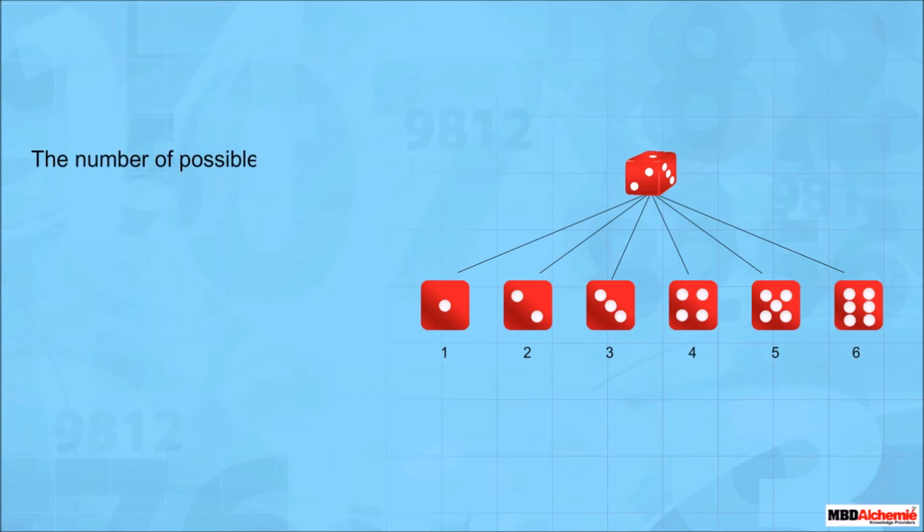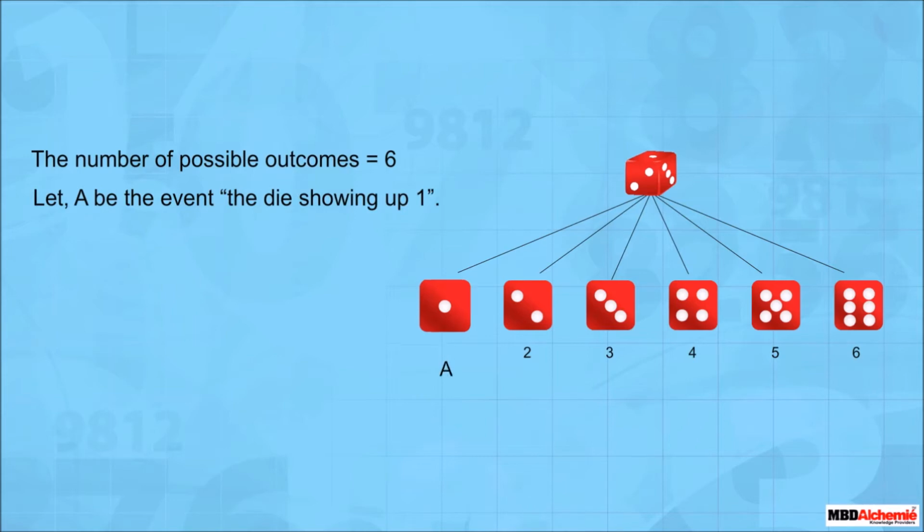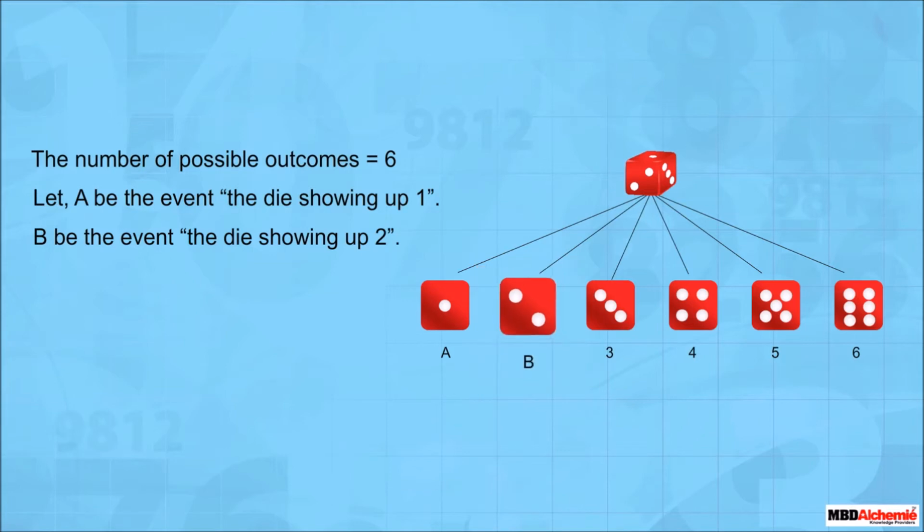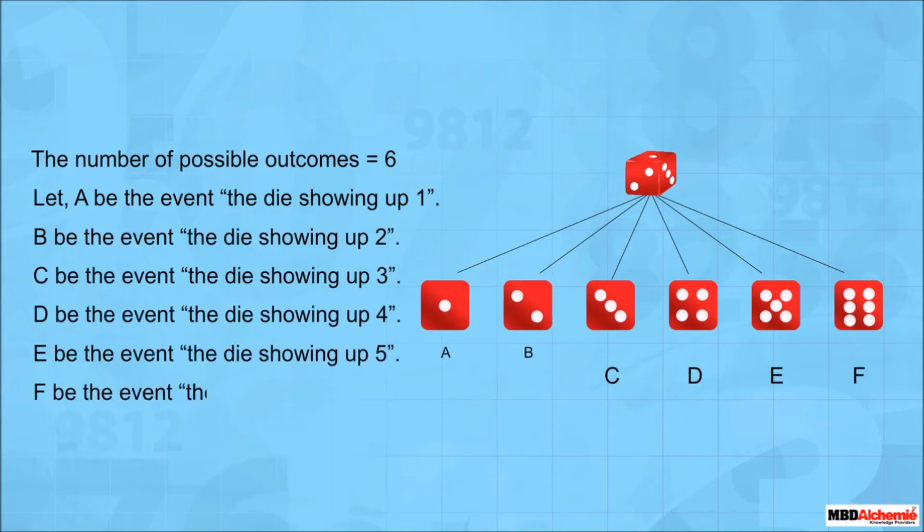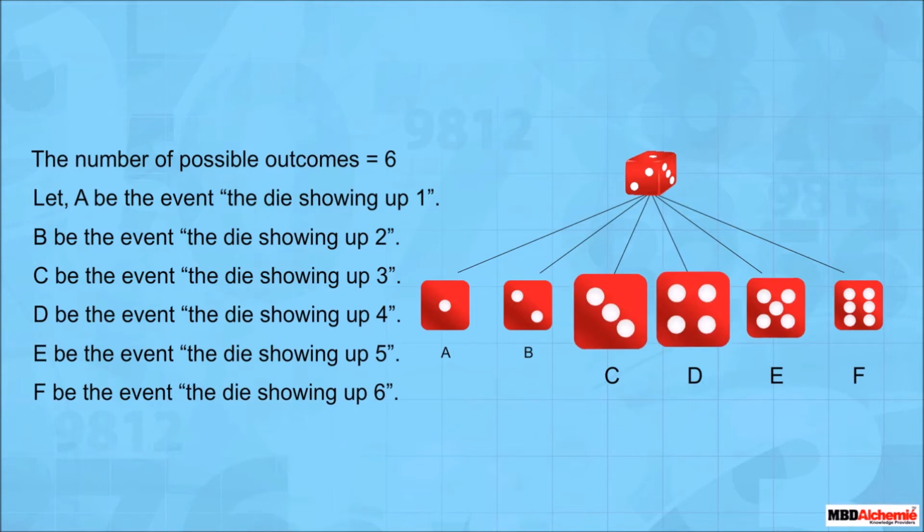Yes. As we know, the number of possible outcomes is equal to 6. Let us say that A be the event of the dice showing 1. Let B be the event of the dice showing 2. Similarly, let C, D, E, and F be the events of getting the numbers 3, 4, 5, and 6 respectively.